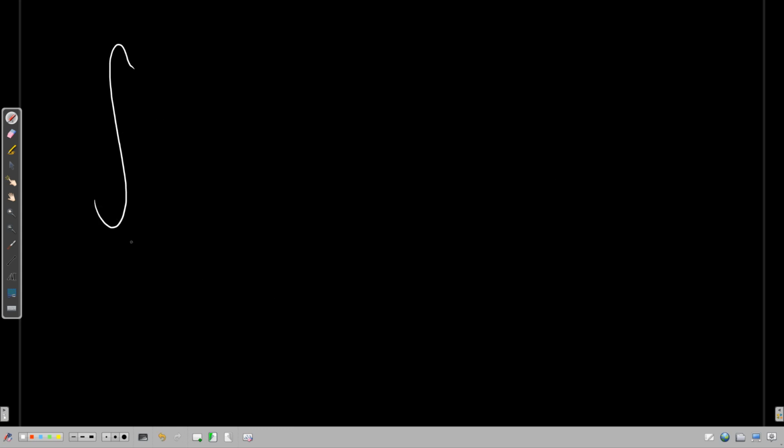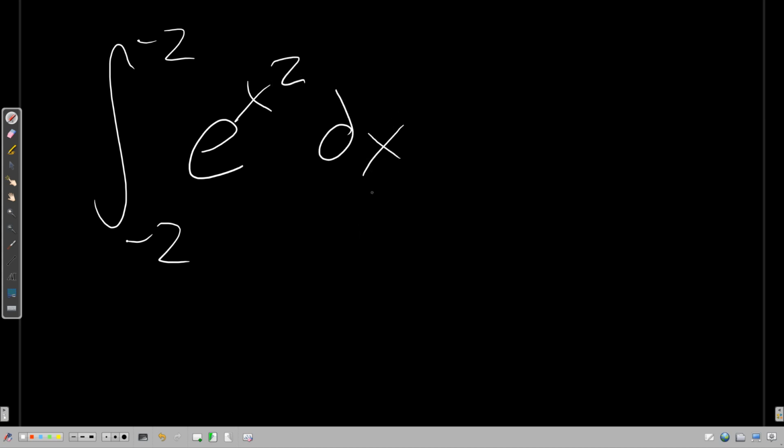Or maybe I get really silly and say integrate from -2 to -2, and I might do something crazy to you, like give you a function that has no elementary antiderivative, like this one. No matter how hard you try or how smart you are, you are not going to be able to find this antiderivative.